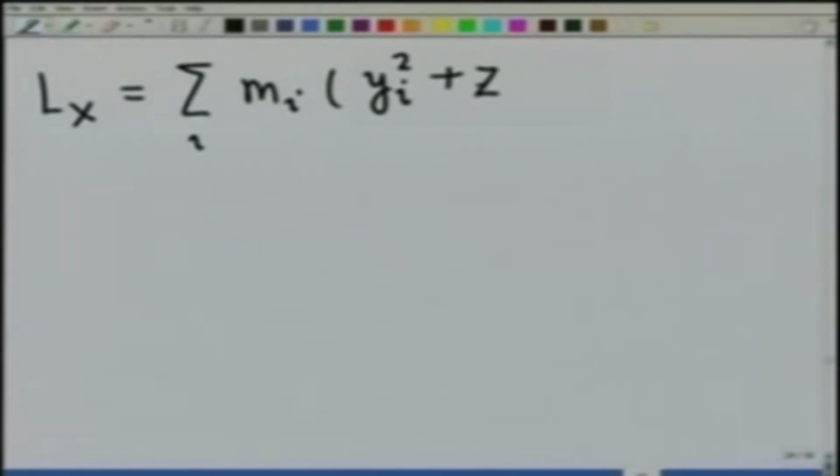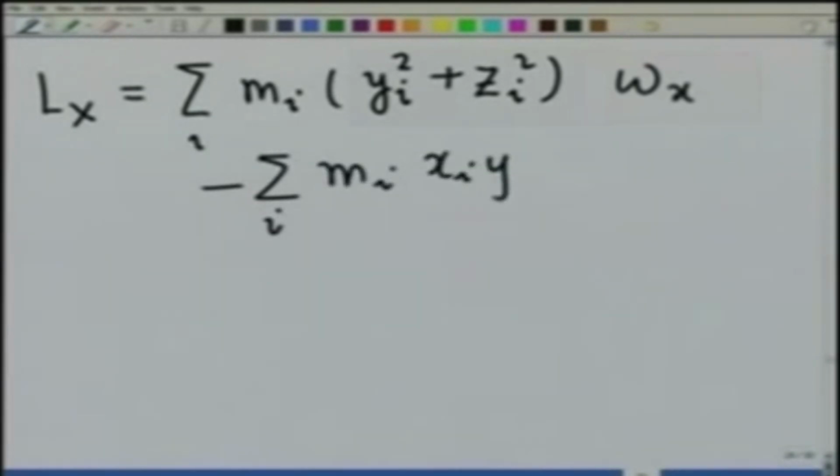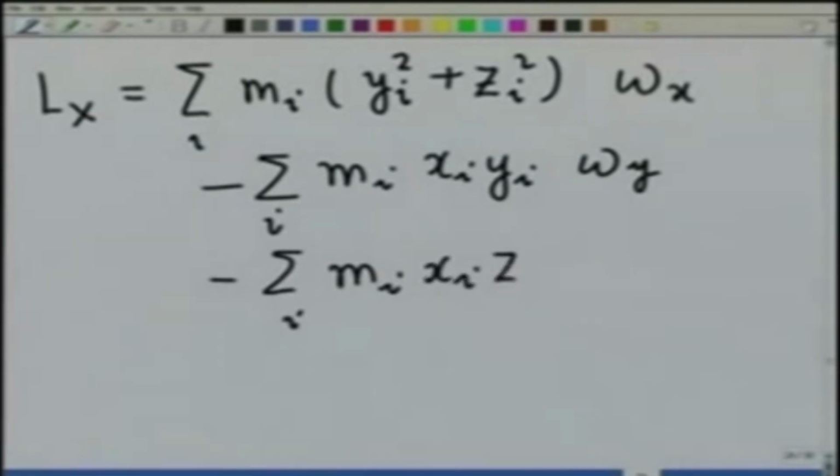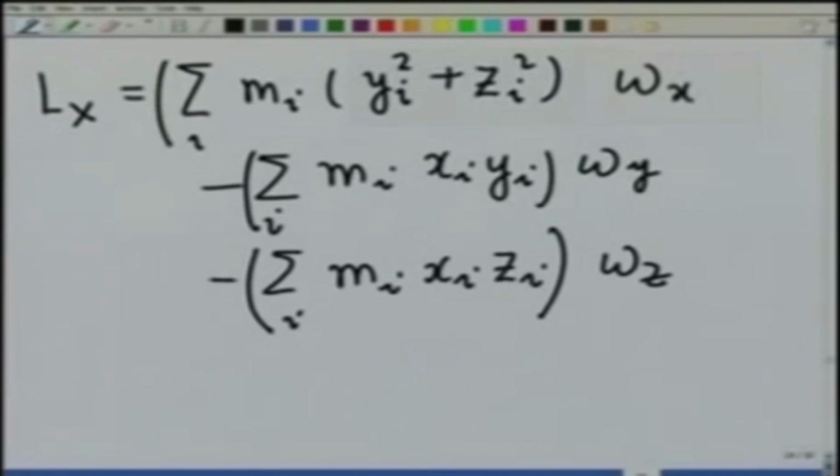So, let us collect these terms and write Lx as summation mi (yi square plus zi square) times omega x, minus summation mi xi yi omega y, and similarly minus summation mi xi zi omega z. Let me put these terms in brackets and identify them.